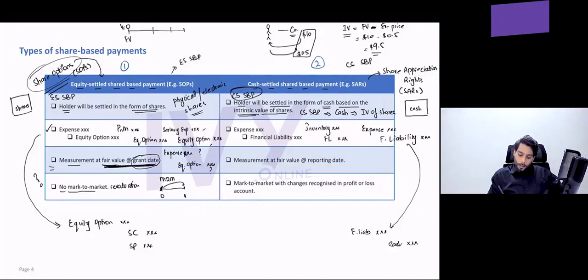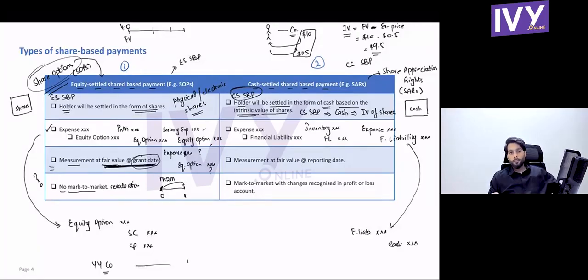For example, there is YY company. All right. And there is Mr. A. I ask Mr. A, you work for 3 years for my company and I'll give you 100 shares of the company. Mr. A says, okay.